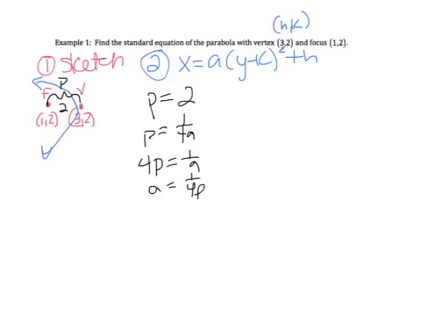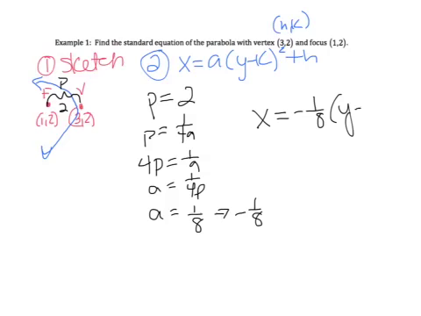In this case, a is 1/8. Because my parabola opens to the left, it's actually negative 1/8 in this case. Now I have everything I need to write my equation: x equals negative 1/8 (y minus 2) squared plus 3. Be careful not to mix up your h and your k when you're putting them into that equation. And that's all there is to this one.